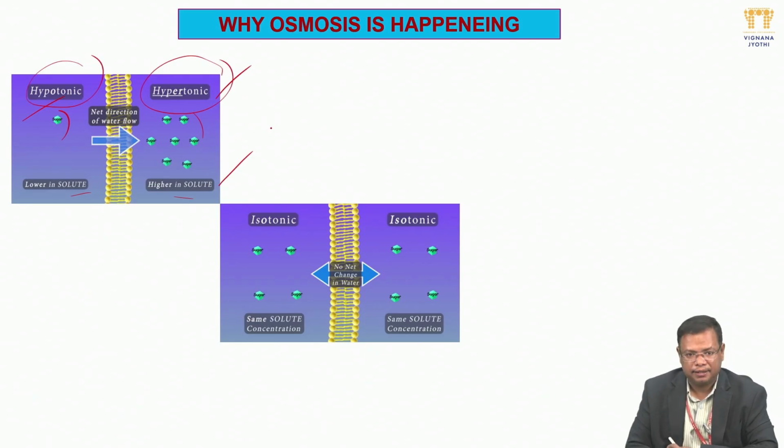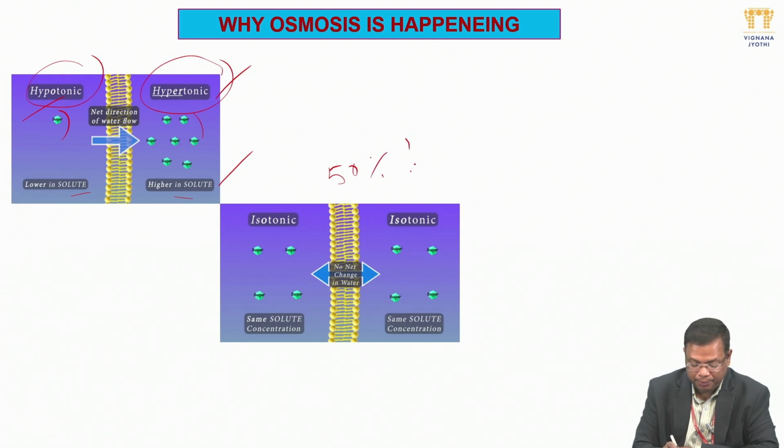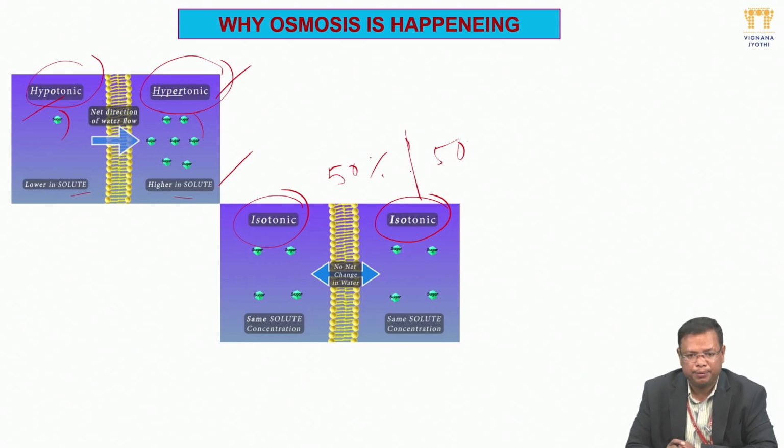Here the water wants to become equal on both sides, 50% to 50%. That's why they want to make an isotonic solution. Isotonic solution implies that on both sides of the semi-permeable membrane, the number of water molecules should be equal.